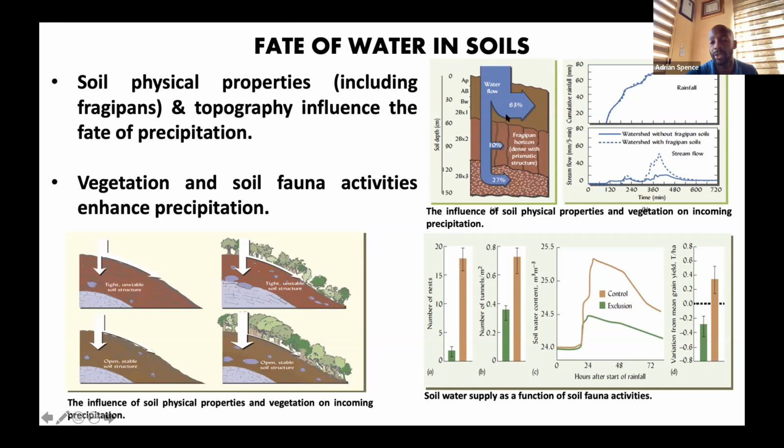Essentially what is being depicted over here. Now, interestingly down here, what this is showing is the presence of soil fauna activities in increasing your water retention, or the amount of water that is stored in soil. You're looking at the number of ants, and I suspect that this might be either regular ants or termites, and these will tunnel through the soils and create these channels, and that will allow water to percolate in.